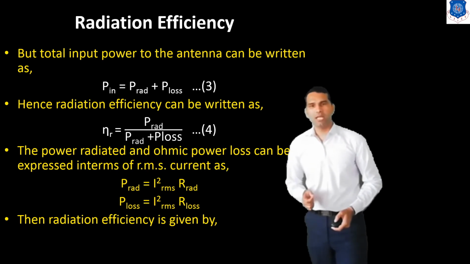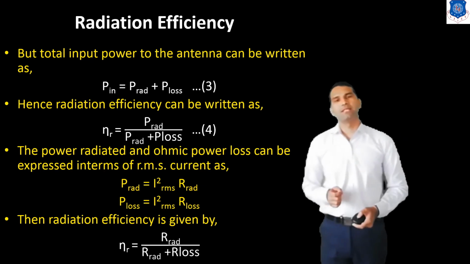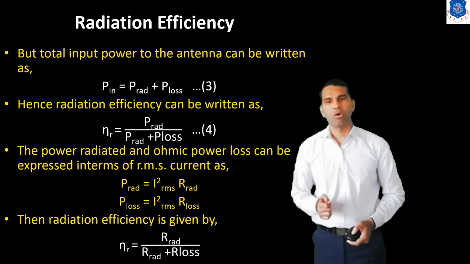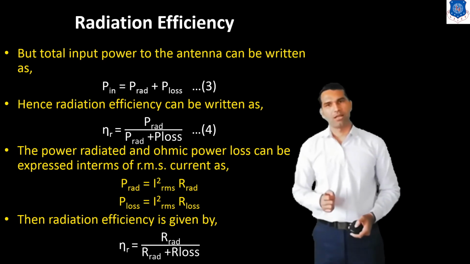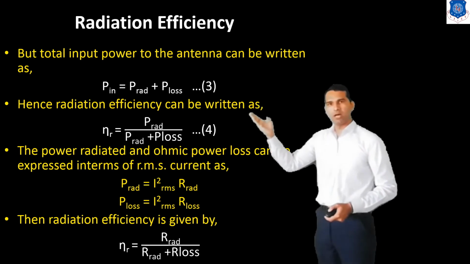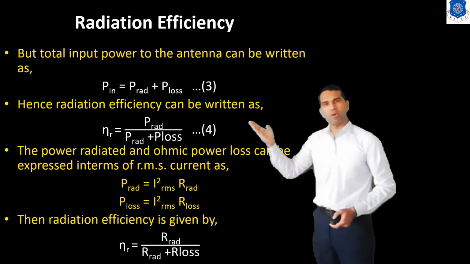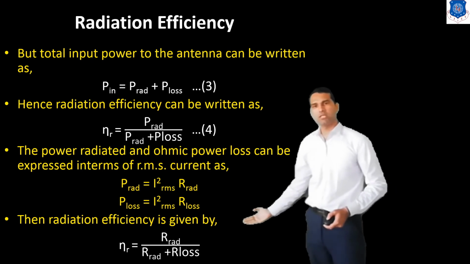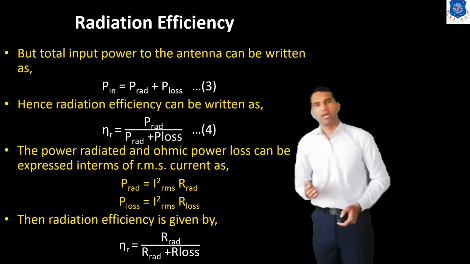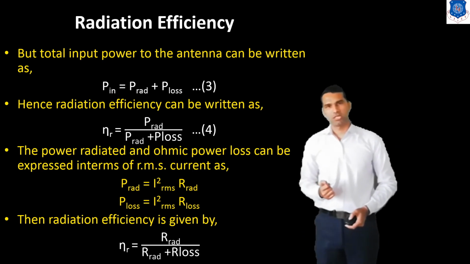Then the radiation efficiency is given by eta R equals R radiate upon R radiate plus R loss. So these are the relations between the radiation efficiency and power radiated and power loss, and this equation is the relation between the efficiency and radiation resistance and loss resistance.